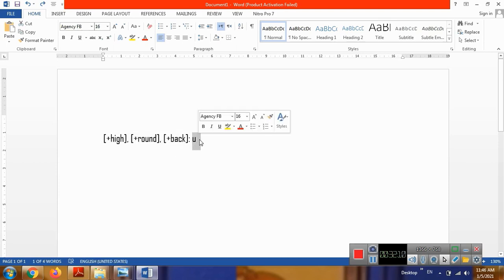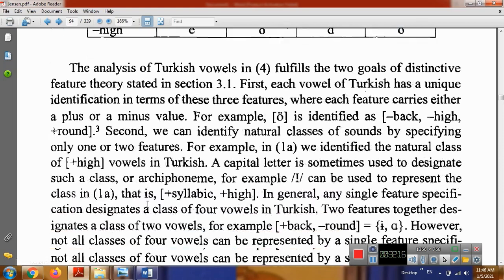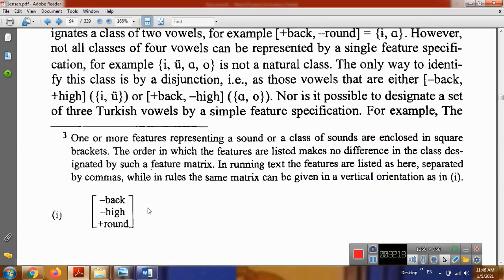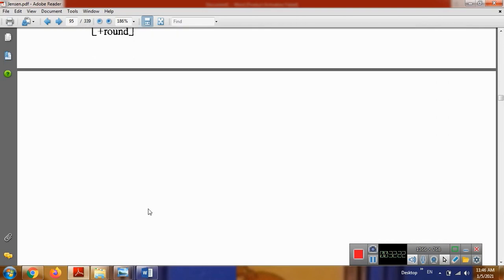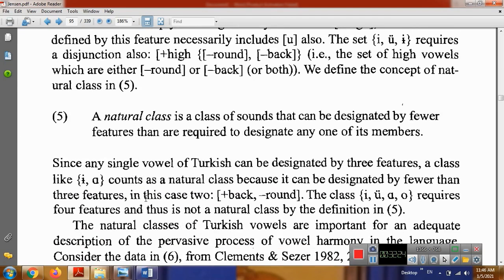But when we describe, I want to describe the definition of natural class here. As you remember, for the definition of natural class, we said that a natural class is a class of sounds that can be designated by fewer features.